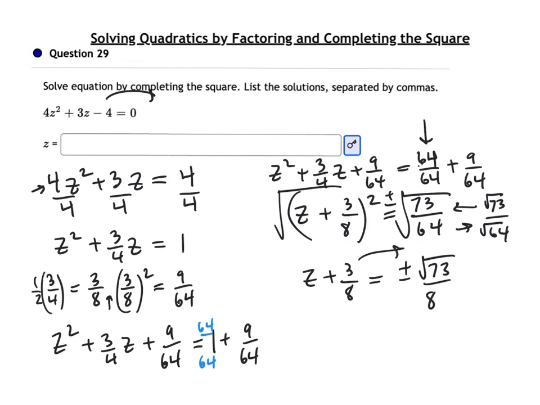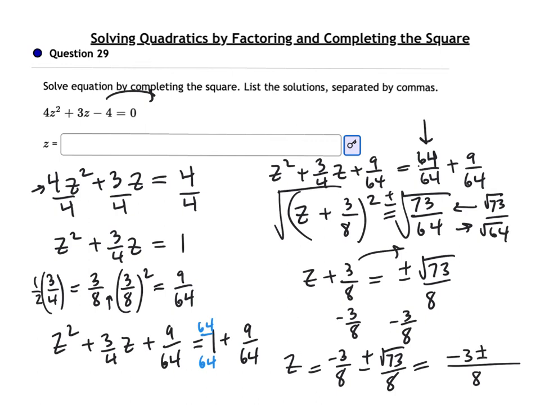I'm going to move the 3/8 to the other side. I'll subtract 3/8 from both sides. And I get z equals negative 3/8 plus or minus root 73 over 8. The common denominator is 8, and it's already there, so I'll combine them all over 8, and I get negative 3 plus or minus root 73 all over 8.